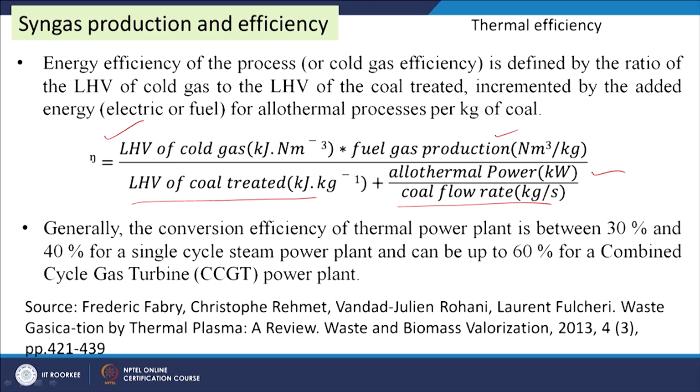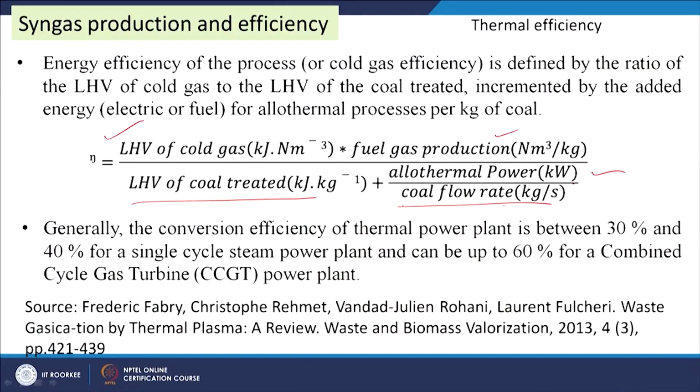That means, for a unit amount of coal, how much energy associated with this process is required. For example, for size reduction, grinding is required, so that energy is needed. That is also considered here: allothermal energy divided by coal flow rate. So, this is the expression of the efficiency of the syngas production process.